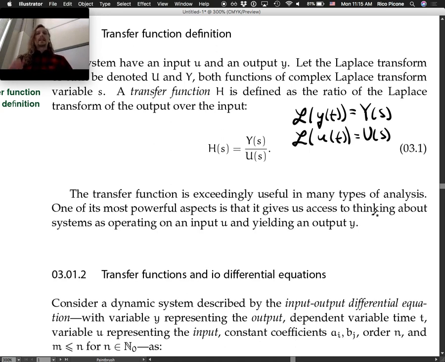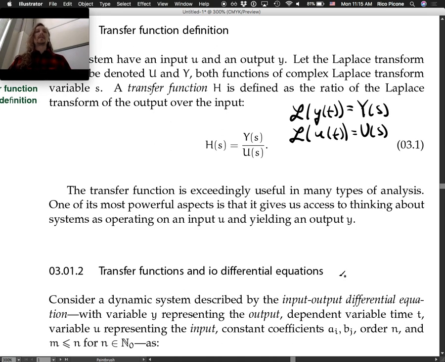The transfer function is exceedingly useful in many types of analysis. One of its most powerful aspects is that it gives us access to thinking about systems as operating on an input u and yielding an output y. So you think of the system as being represented by a transfer function H, and you have some input going in, and you have some output coming out.